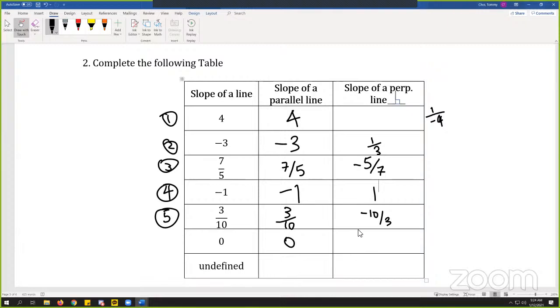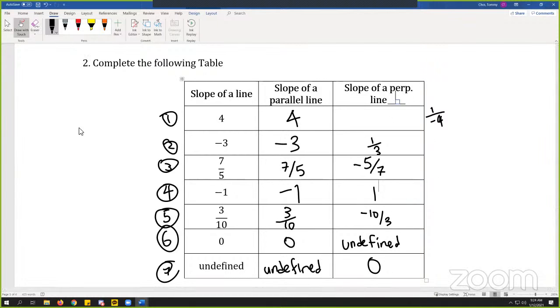Anyone want to help Elia out? Undefined is correct. So that's for number 6. And for 7, it would follow the same idea. It's undefined, and this one would be 0.